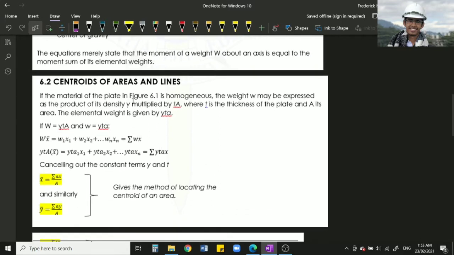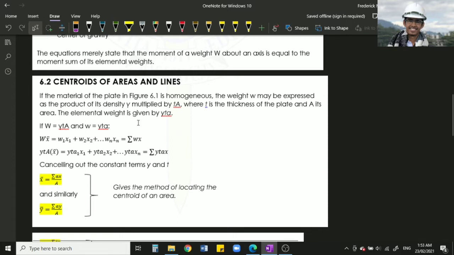So, centroids of areas and lines. If the material of the plate in figure 6.1 is homogeneous, the weight W may be expressed as the product of its density Y multiplied by TA, where T is the thickness of the plate and A is the area.